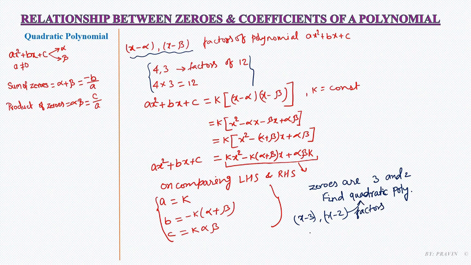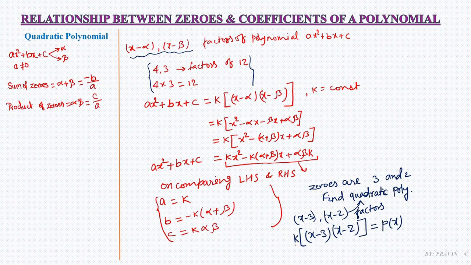So you can take (x - 3)(x - 2) and multiply it with a constant k. This will give you the required polynomial p(x).